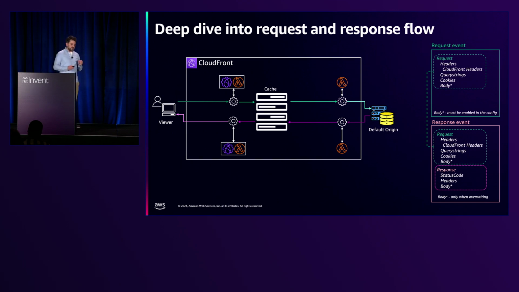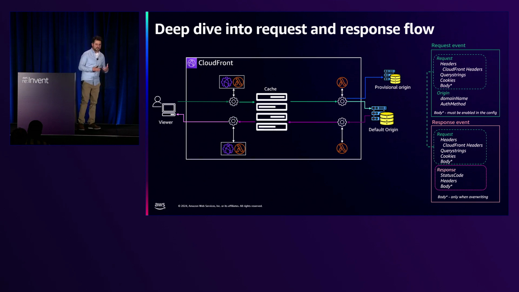Where it gets even more exciting is that on the request path, the request event also includes the origin object, which outlines the origin that this request should be routed to according to the CloudFront configuration. And in the exact same way, on the fly, you can also change the direction by overriding the domain name, which will make the request be sent to any origin that you specify in your function.